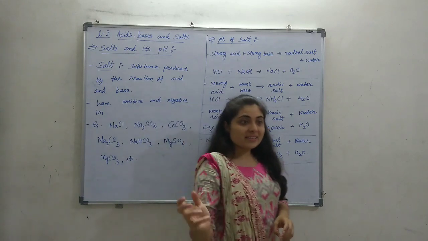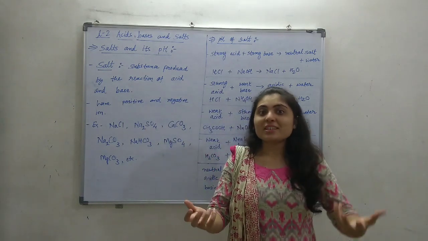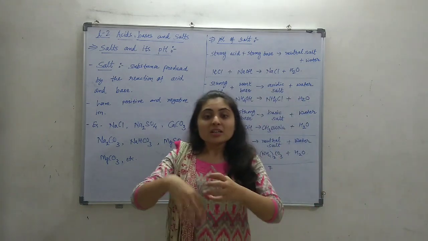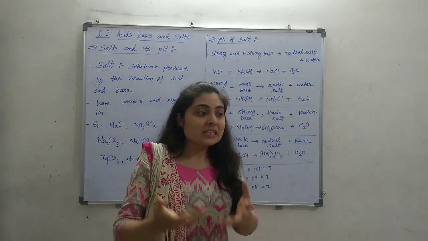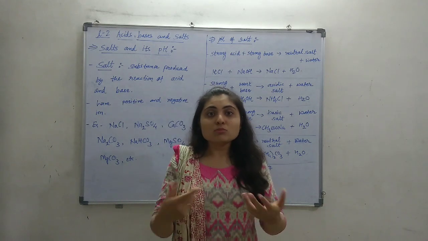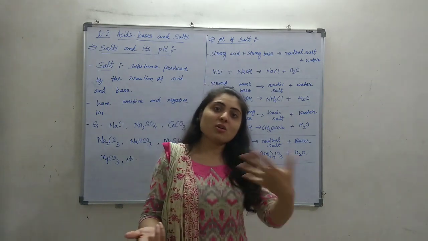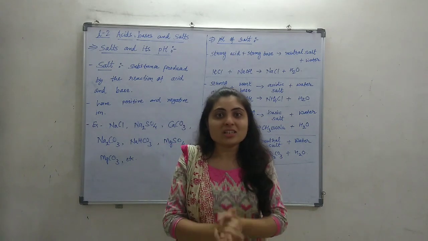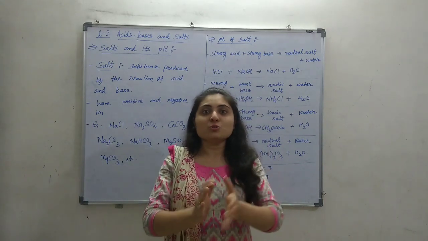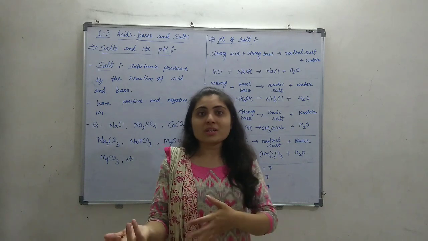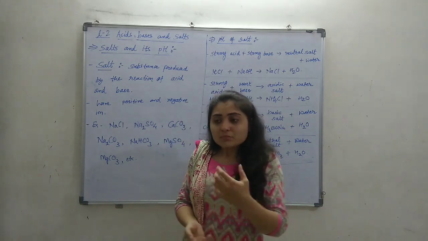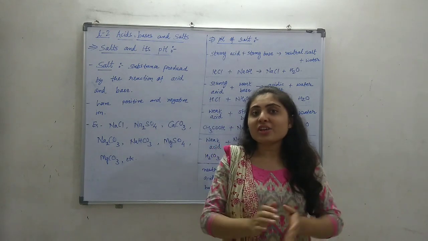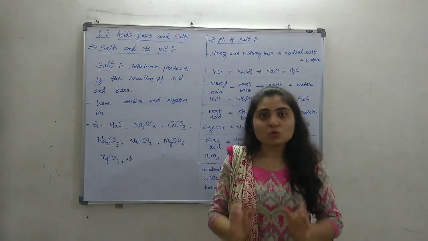Because when an acidic solution and a basic solution mix with each other, the product has neither acidic nor basic nature. So we say that they nullify each other's effect and make a neutral solution which is not acidic and not basic. Whenever acid and base react, they form salt.